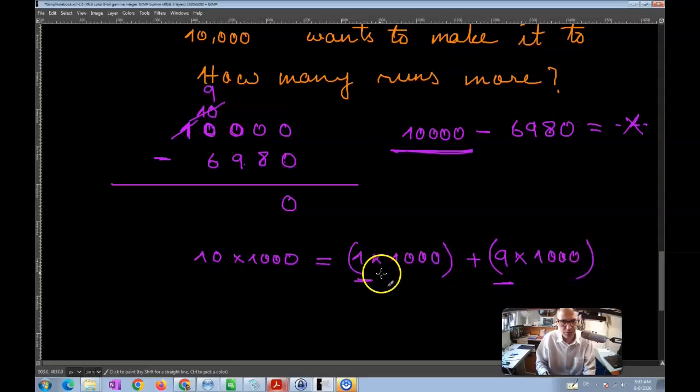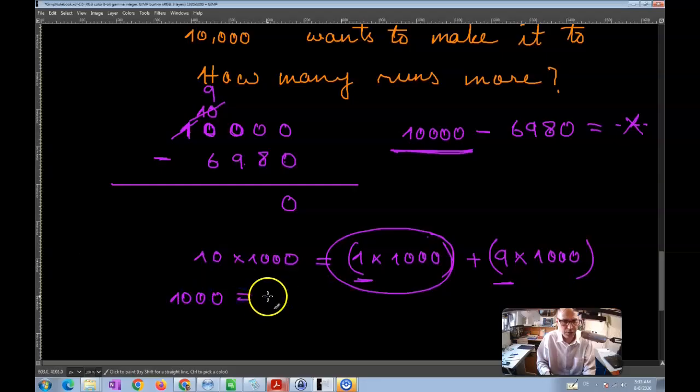The 9 group I will keep here, and the one group of 1000, which is right over here, I will have to bring to the hundreds place value, right? So one group of 1000 is simply 1000, which is how many groups of 100? That's 10 groups of 100. Right? So 10 groups of 100, I put them over here.